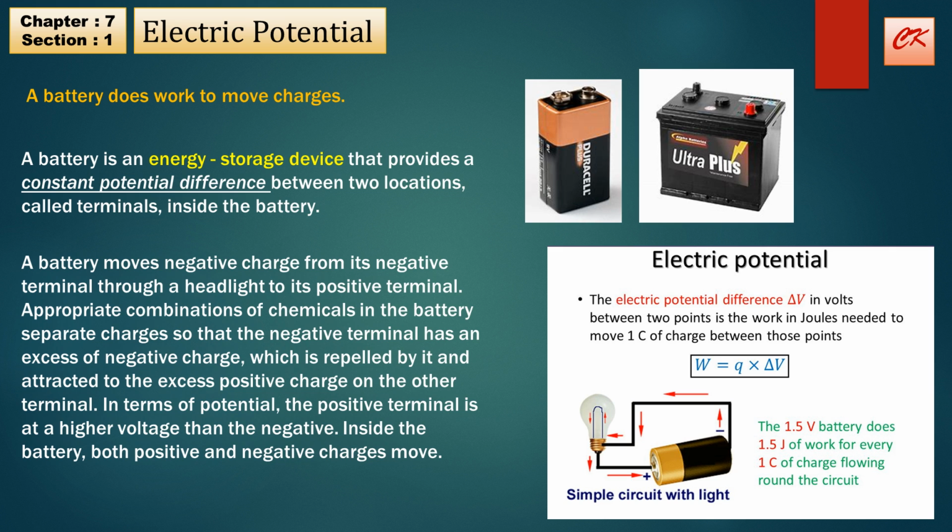The battery separates negative and positive particles. It accumulates negative particles on one side and positive particles on the other side. And when we connect them, the negative charge flows to the positive terminal and they give off light. So, thanks.